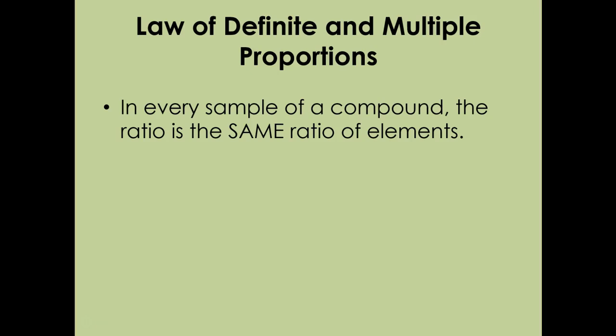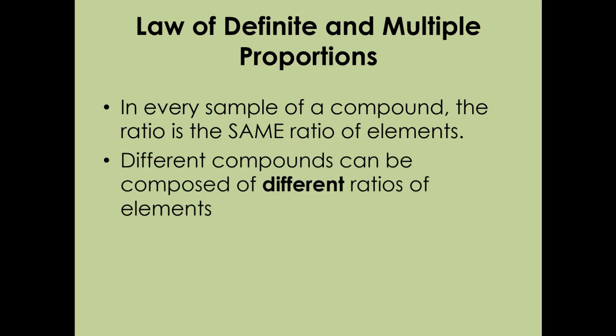Now, what the law of multiple proportions says is that it's possible for the same two or more elements to combine in more than one way to form a pure substance. Now, this is particularly true of molecular substances. In general, in ionic compounds, two elements can really only combine in one way.